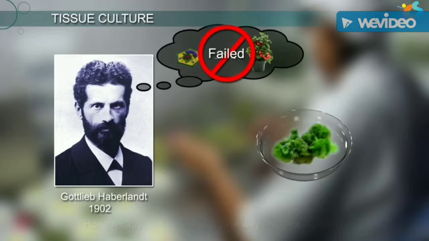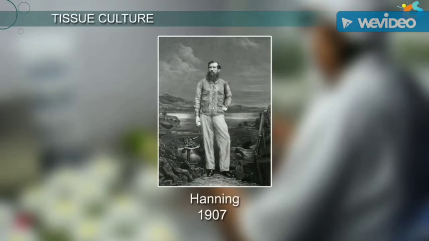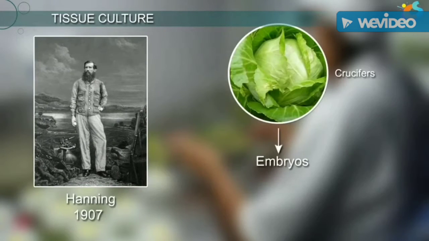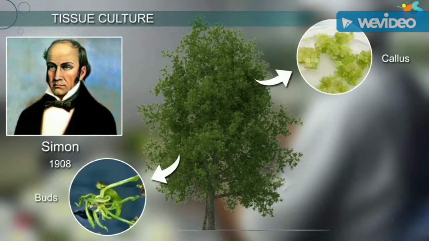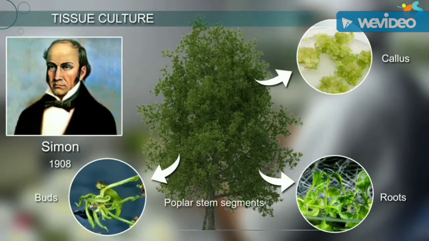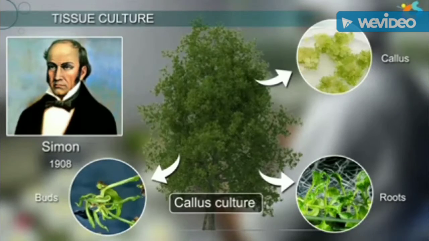He is thus regarded as the father of tissue culture. Taking cue from his experiments, Hanning in 1907 took nearly mature embryos of crucifers and successfully grew them to maturity. In 1908, Simon regenerated callus, buds, and roots from poplar stem segments and established the basis for callus culture.